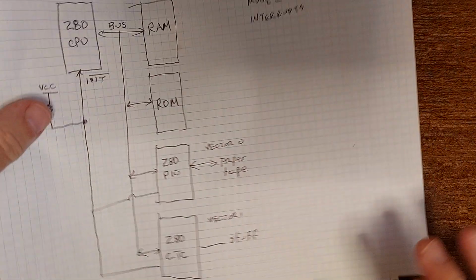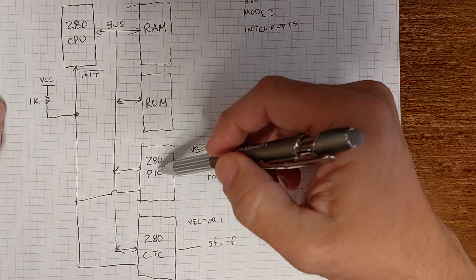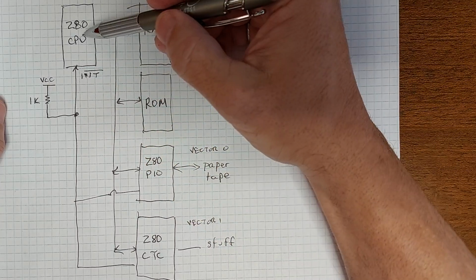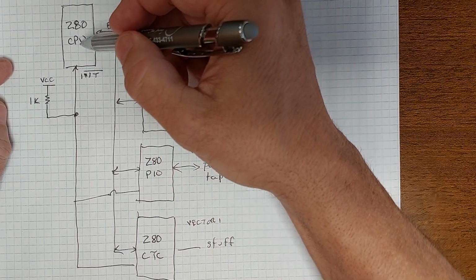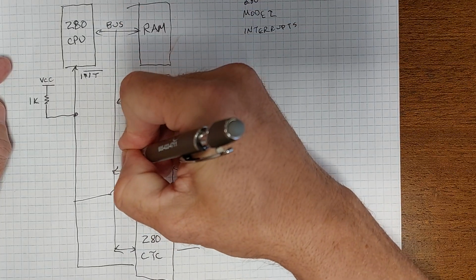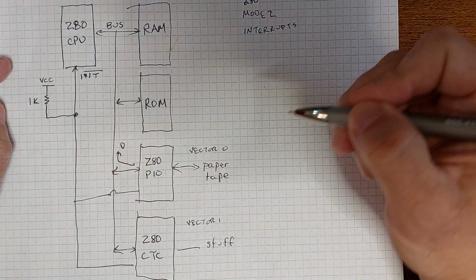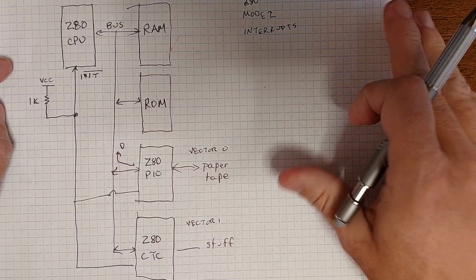So now what's going to happen is when the PIO wants to interrupt, it's going to pull the interrupt line low. As soon as the Z80 acknowledges the interrupt, it's going to indicate that on the bus, and the Z80 PIO is going to write a 0 onto the bus to indicate that it's requesting vector 0.